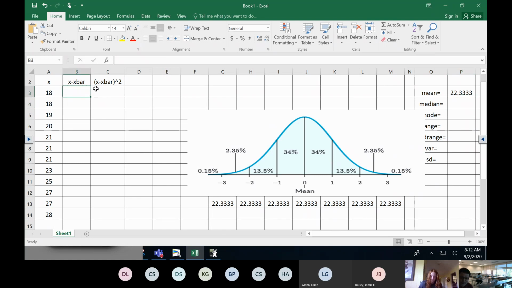All right, so now I'm going to subtract, equals, I'm going to subtract the mean from each one of my numbers, and I'm going to copy that down. And you need to check your numbers here on your sheet to make sure, because you need to have one for odd and you need to have one for even. So make sure you check your numbers there, and then you're going to square that number.